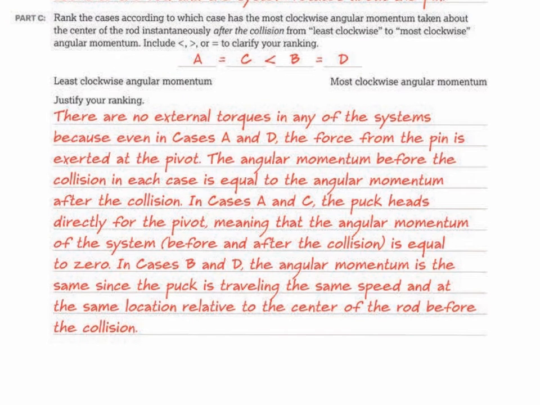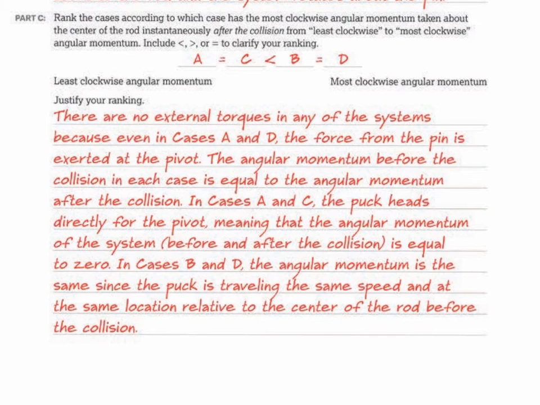All right, and then in part C, they want you to rank the most clockwise angular momentum. And keep in mind, angular momentum was conserved in all cases, but the amount of clockwise angular momentum is not the same in all cases.